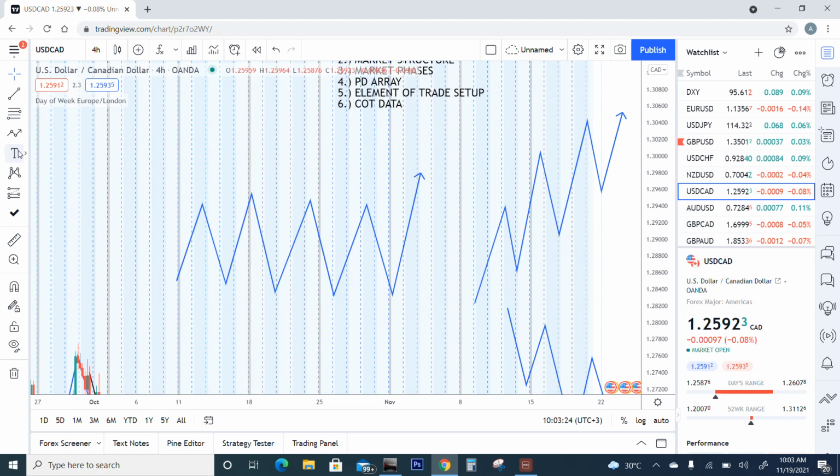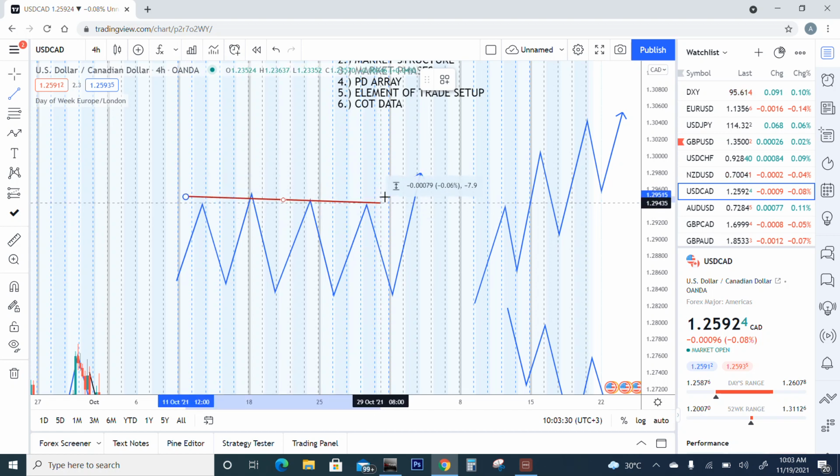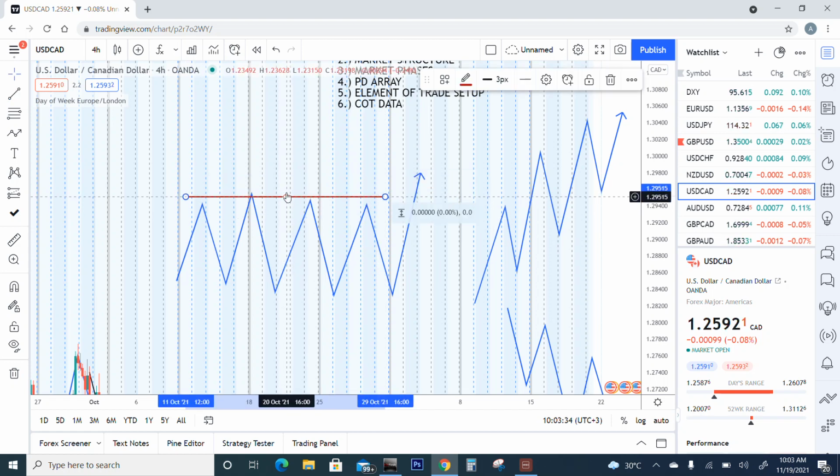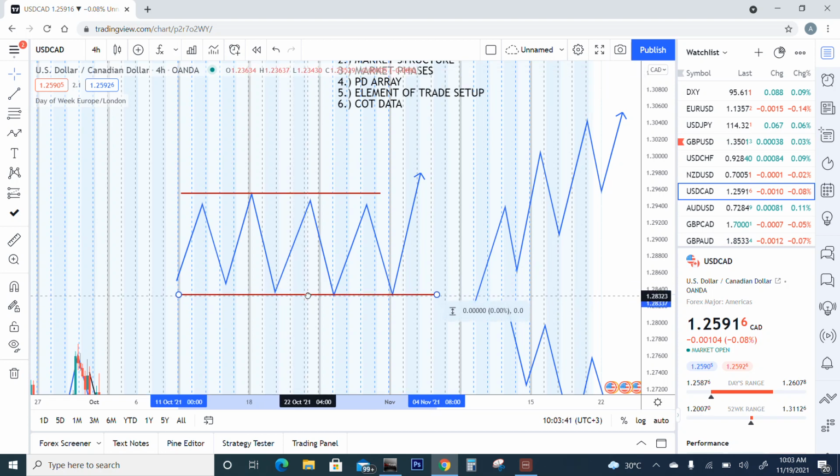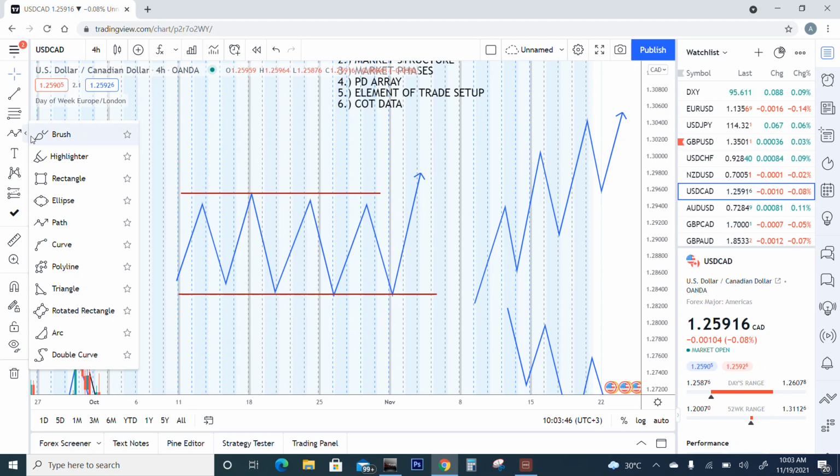What do I mean by equal highs or relative highs? If you mark this high here, meaning the highest, for example, and this one being the lowest, you're gonna see all these other lows.